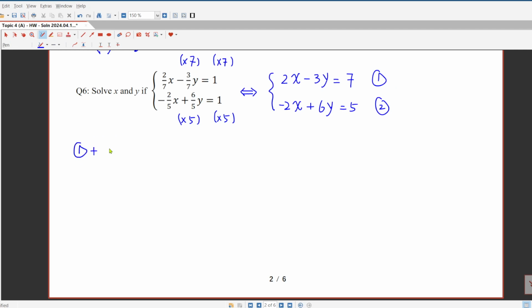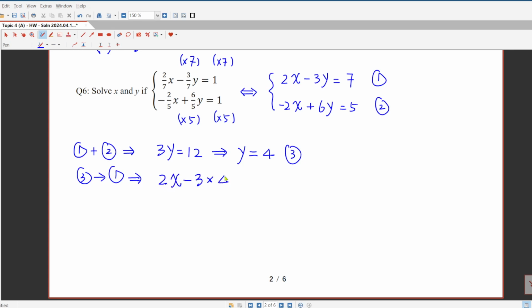Then let's call these two equations number 2 and number 1 respectively. Then we can use equation number 1, add it to equation number 2, and this will cancel the x, which will only leave us 3y equals 12. And of course you can solve y equals 4, right? And put y equals 4 back into equation number 1, for example, then you can solve x. So 2x minus 3 times y, which is 4 in this case, equals 7.